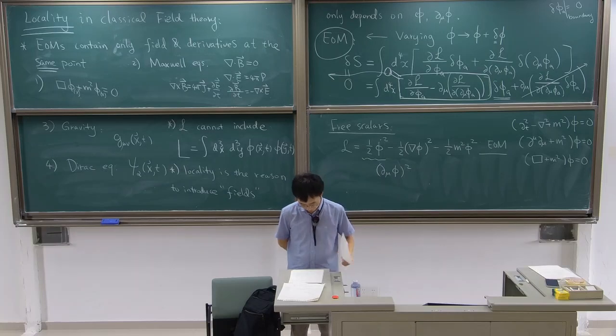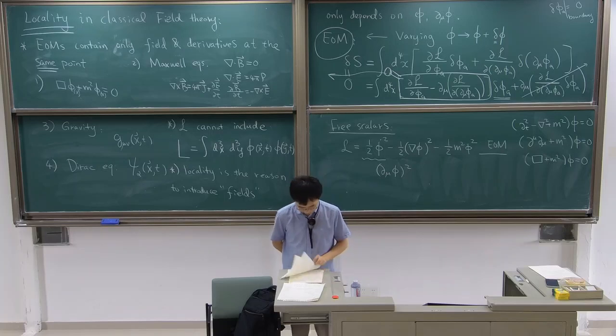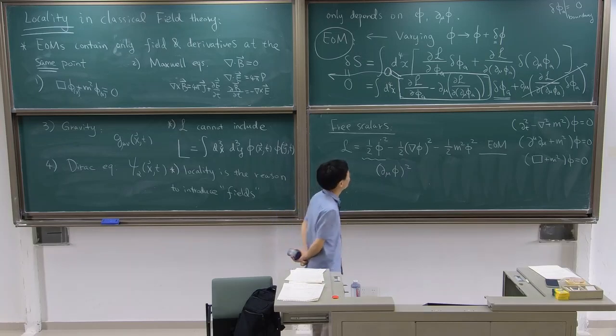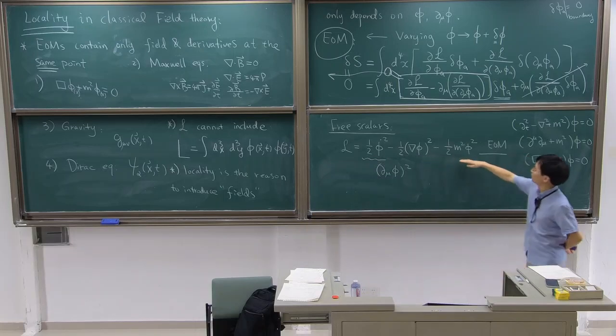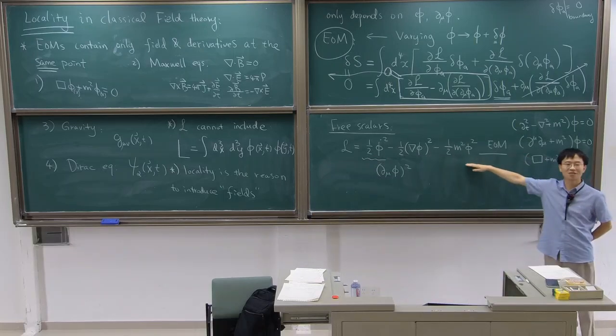Now we want to discuss more about the symmetry. What happens if a classical field theory includes symmetry? So, apart from the Lorentz symmetry, what are the additional symmetries this Lagrangian includes or contains?